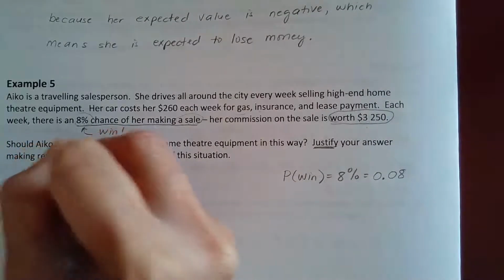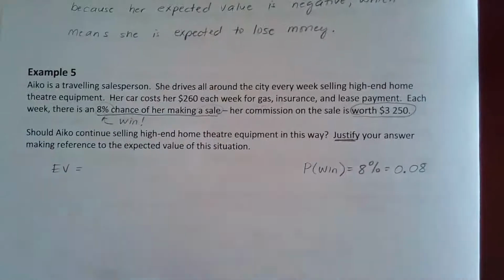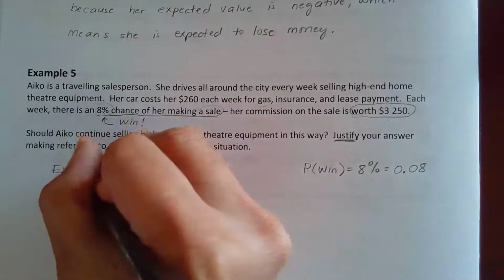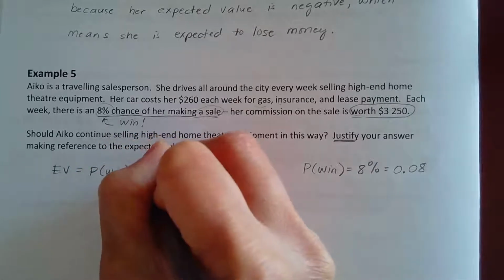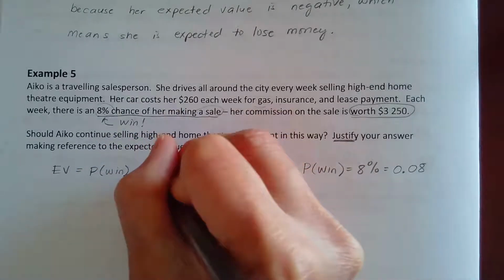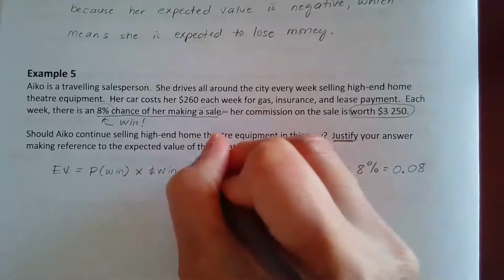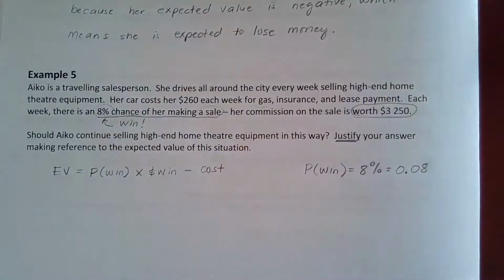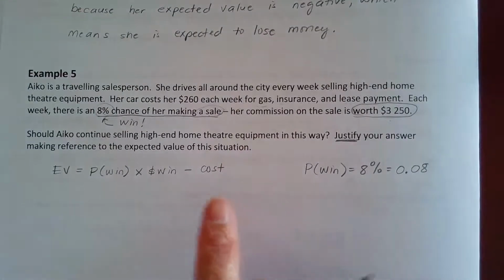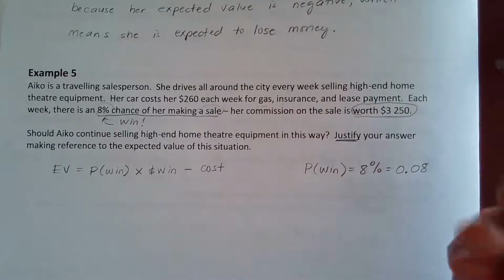Let's go calculate our expected value. Expected value is, what is the chance of winning times how much money we're going to win minus cost. Okay, now I know it says there cost to play. She's really not playing a game in here.